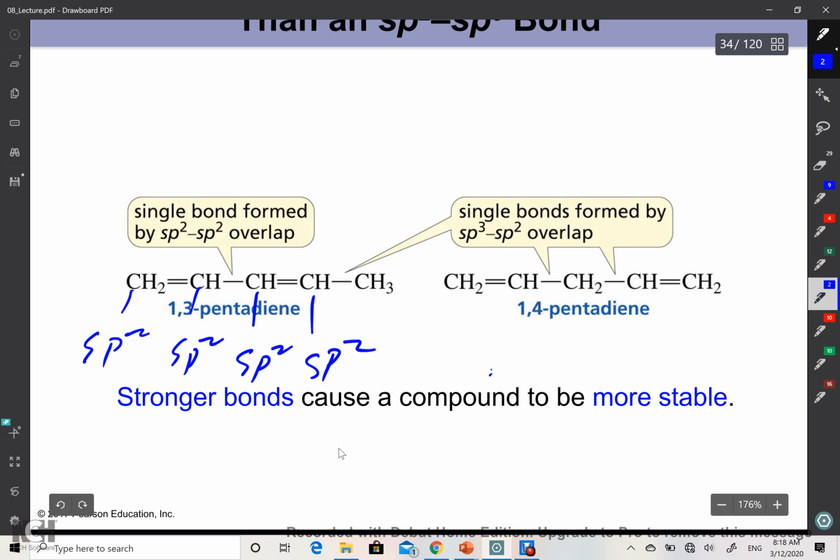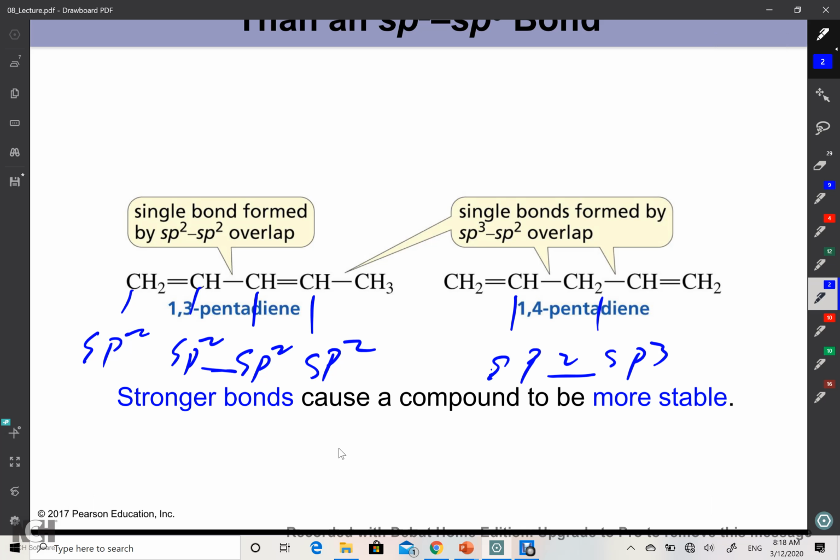It means that the sigma bonds formed in conjugated dienes are sp2-sp2 bonds. But if you look at isolated diene, this is sp2 and this is sp3. So there exists an sp2-sp3 bond. Does that make sense?